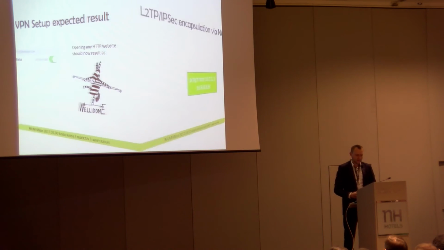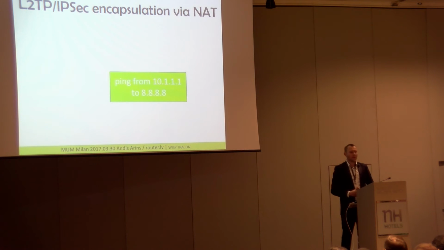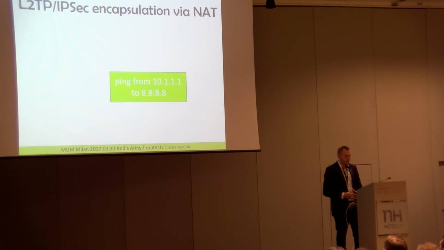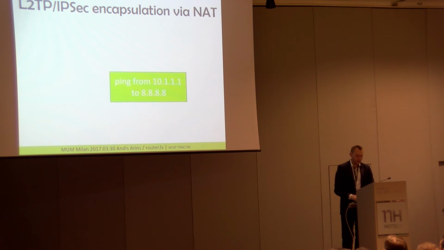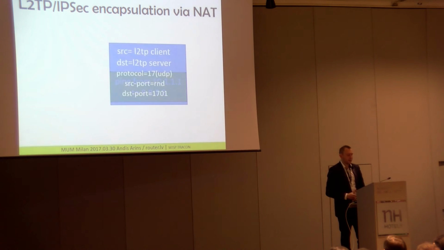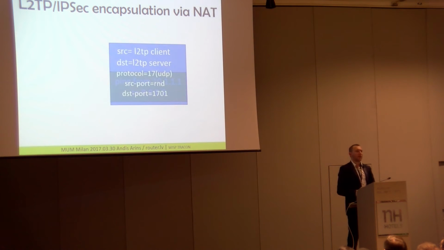Let's look a bit now, it's more for engineers, at what happened with our packet and why it was a problem for others to access the actor web server. Let's assume it's a ping packet or web packet going from your device somewhere. First of all, within this technology, it's encapsulated in an L2TP frame.